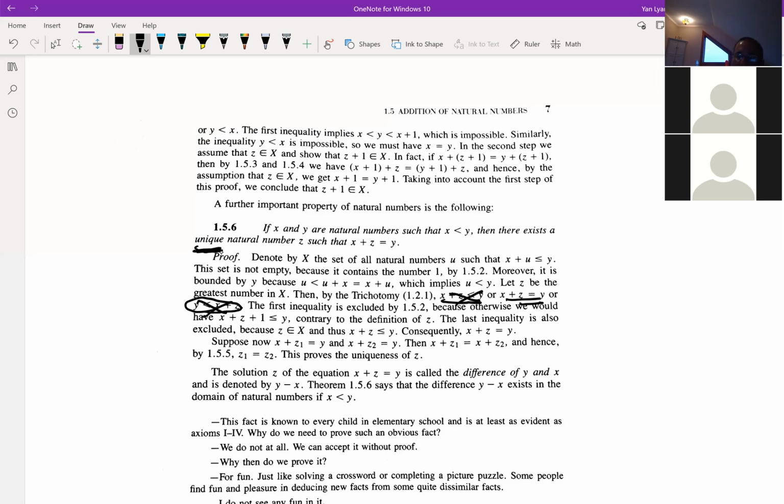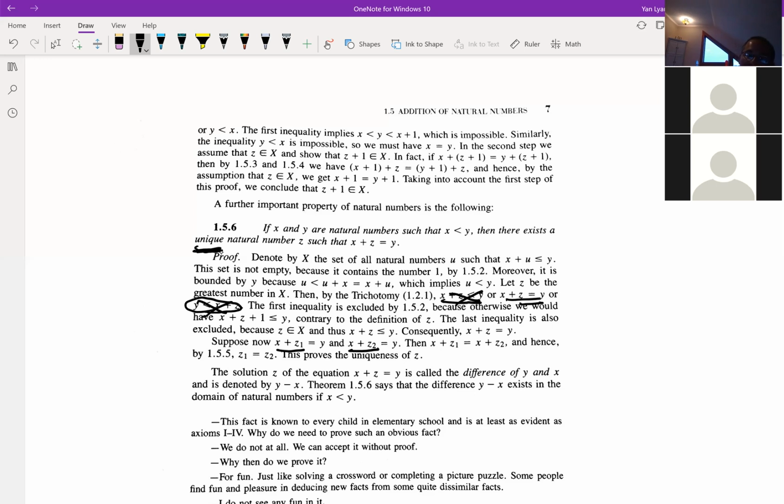One way to prove uniqueness is to assume you have two. Suppose you have one that equals y and another that equals y, and prove that those two are the same, which is very easy given what you just did.